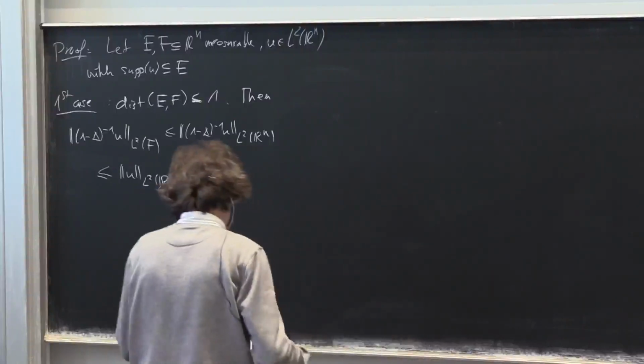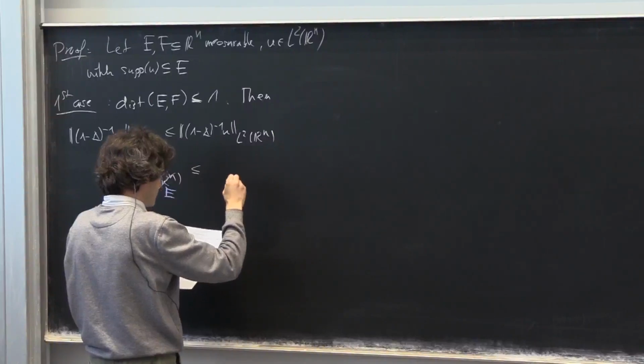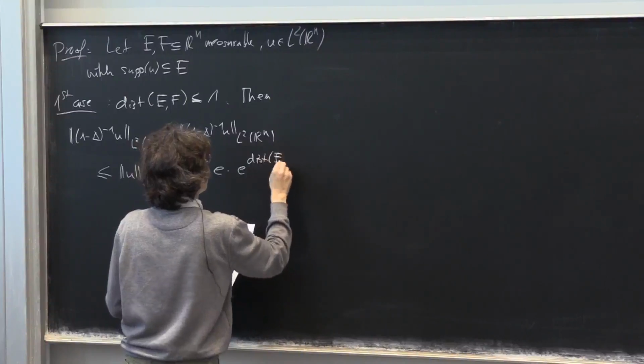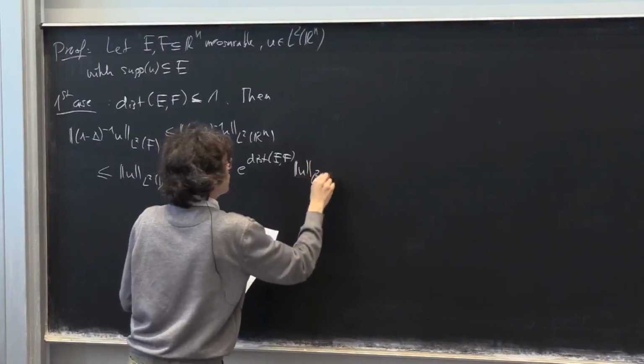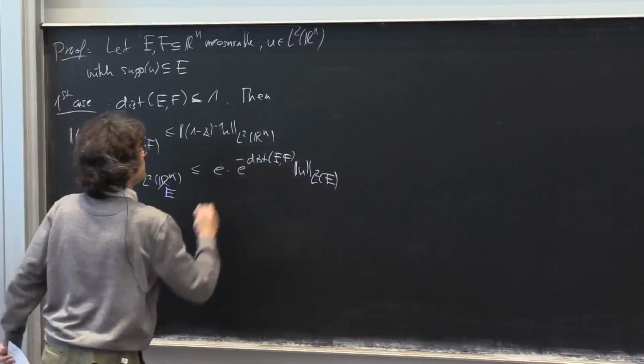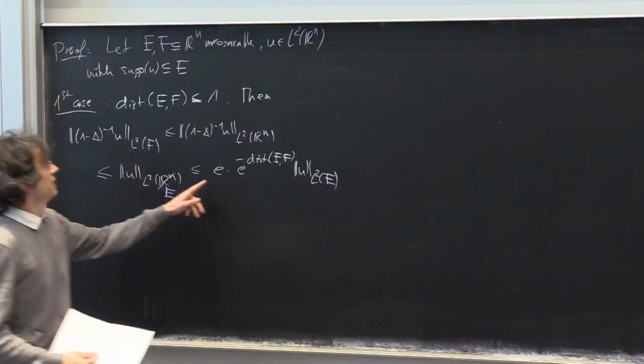And this is the off-diagonal estimate that we search for. You might ask, where is the exponential decay? Okay, the distance is less than 1. So this is less than e times e to the minus distance of E and F times the norm of u in L2 of E. Because I know the distance is less than 1, e times e to the minus distance is greater than 1. So this is the off-diagonal estimate with constant e and constant 1 here.